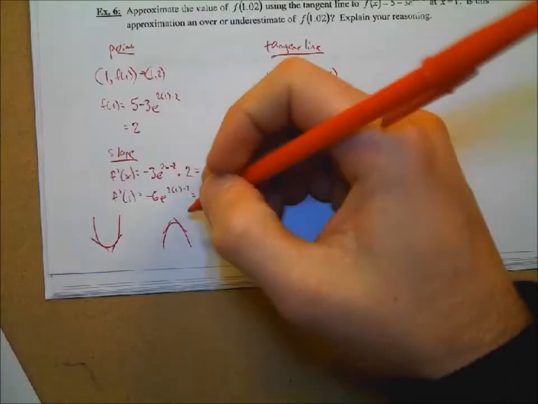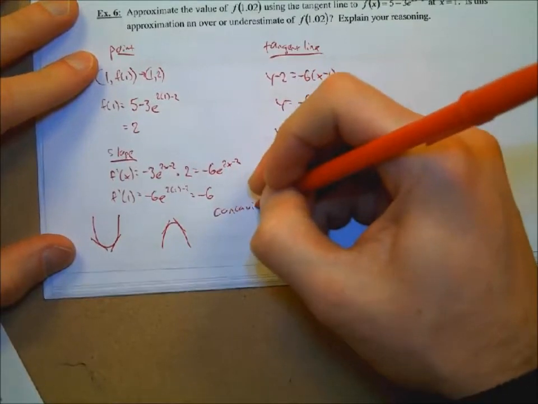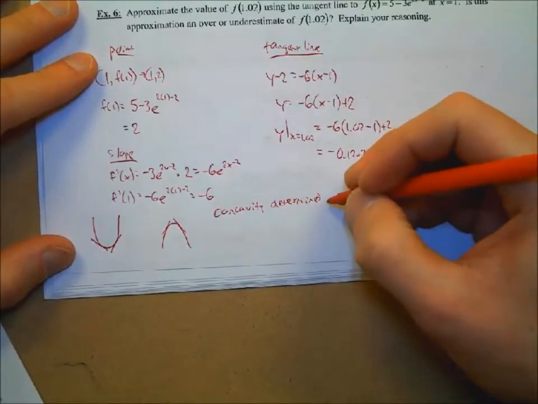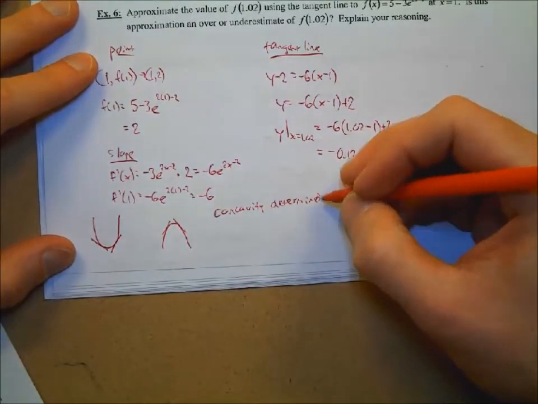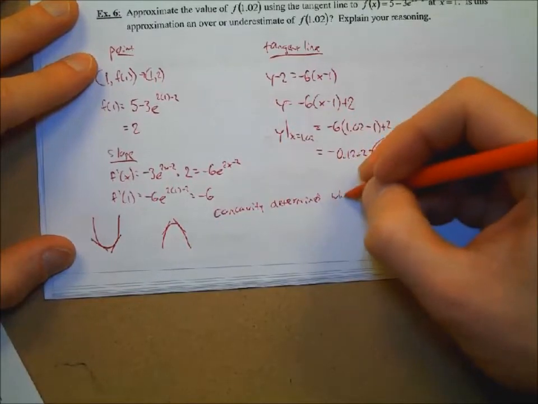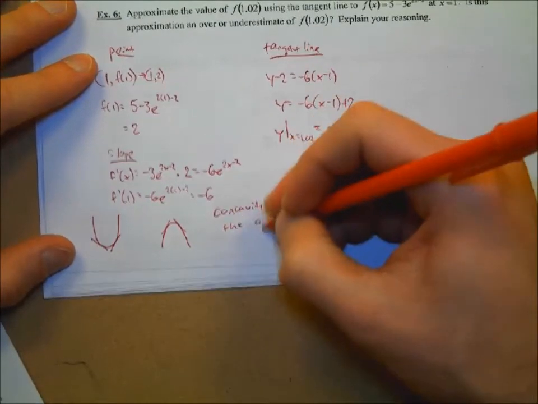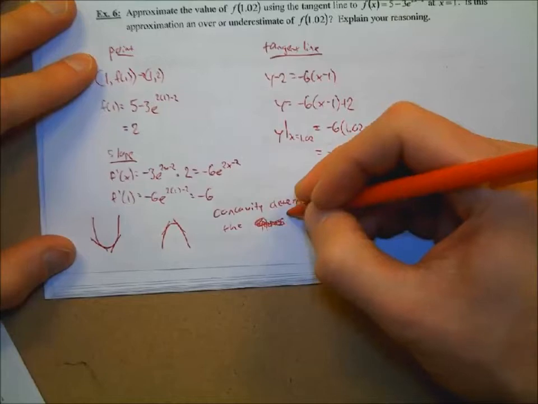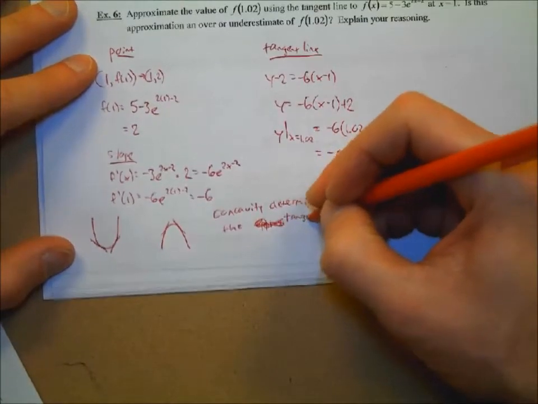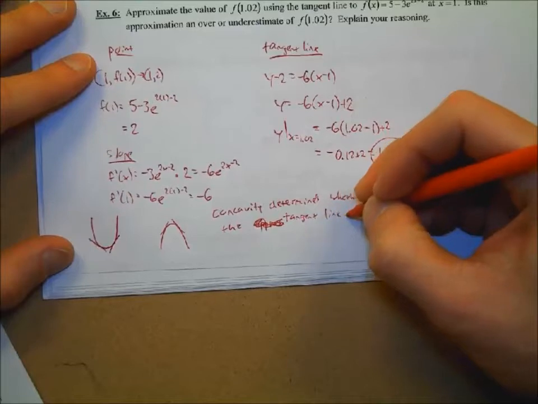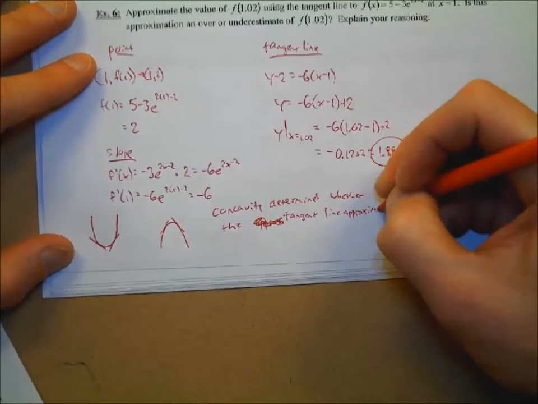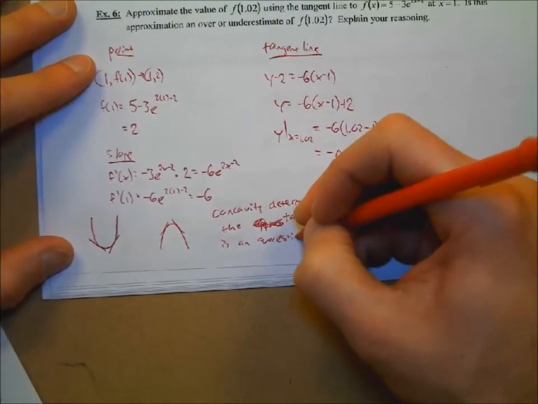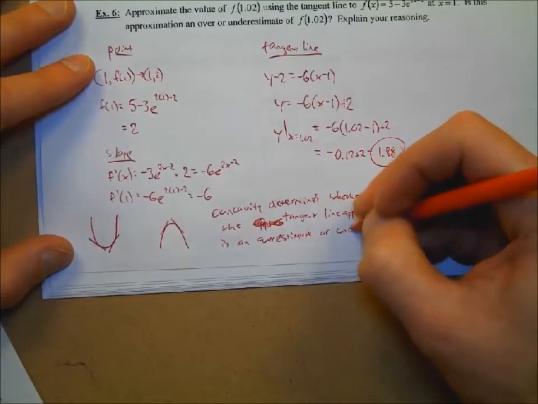So, concavity determines whether the linear approximation, or the tangent line approximation, is an overestimate or underestimate.